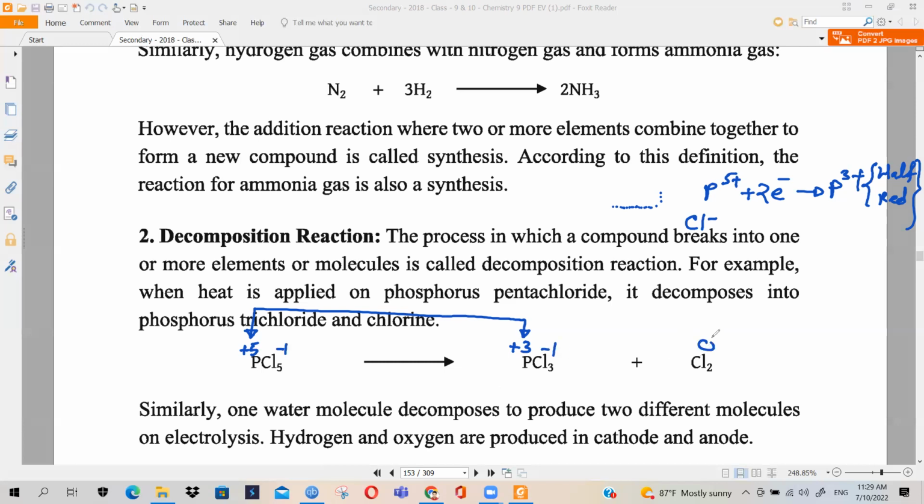So that means here we would see a half oxidation. Oxidation means donating electrons. So we will get just 2Cl, or Cl2, you could write it either way. So these would be our two reactions, one half reduction and one half oxidation reaction.